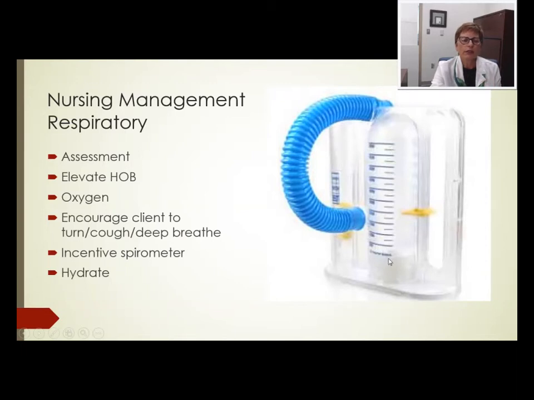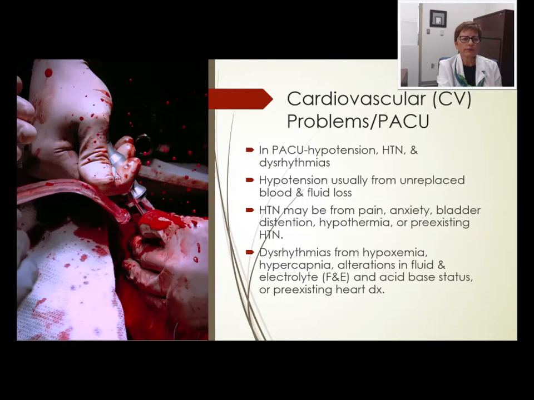Somebody with less lung capacity might only get up to 500. But that will help open up those alveoli that have collapsed, because general anesthesia and the ventilator do not allow all the alveoli to stay open, not like us taking breaths. And then we're going to encourage hydration.